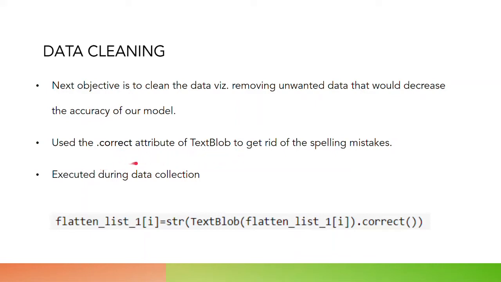While executing our program, we observed that the .correct attribute took a lot of processing time. So to minimize this, we have made an alteration and executed the .correct method during the data collection process, so that the final dataset that we obtain is already rid of spelling mistakes.